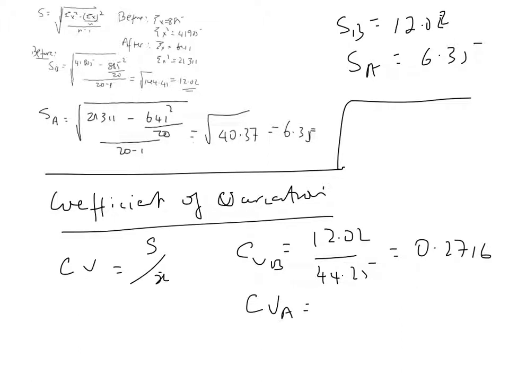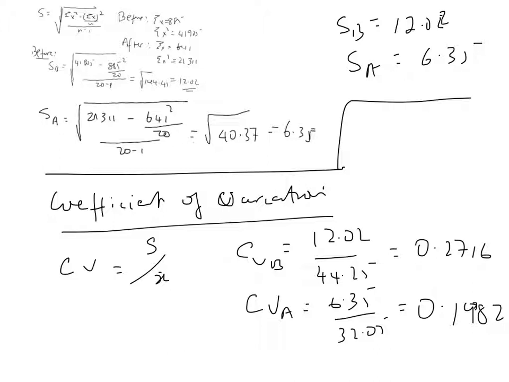CVA, which is after, we recall that our mean was 32.05. So we have 6.35 over 32.05, and that gives us 0.1982. So that's the coefficient of variation for after we have the ad campaign.